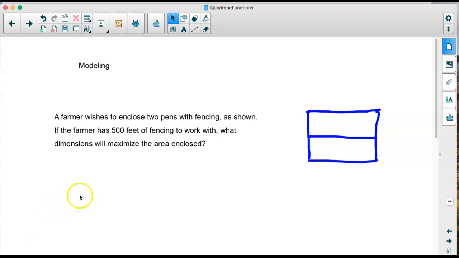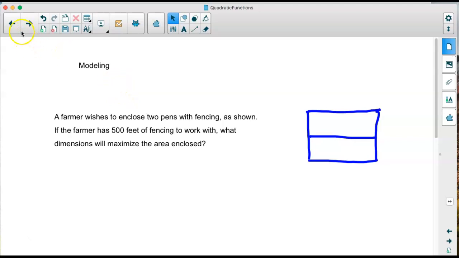Hello, and in this video we're going to continue on with the section on quadratic functions, but we're going to talk about two examples that might come up and show you how to work through those examples. So we're going to do a couple modelings with quadratic functions.